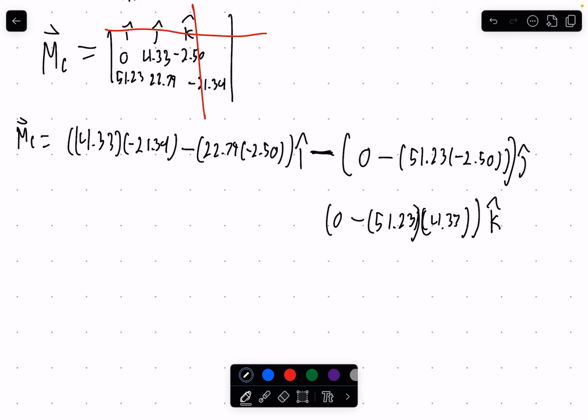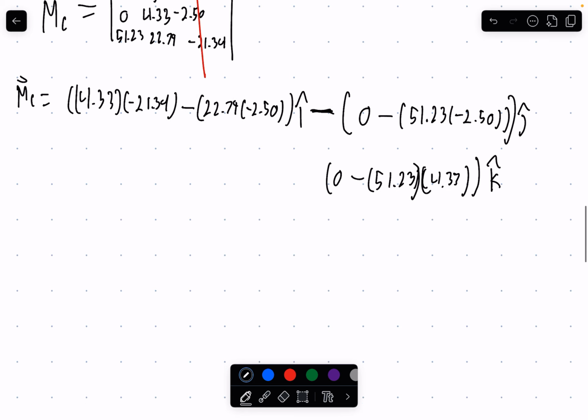Okay? And if you plug that all into your calculator, you should find the moment about C should be equal to negative 35.4 i minus 128 j and negative 222 in the k hat direction.